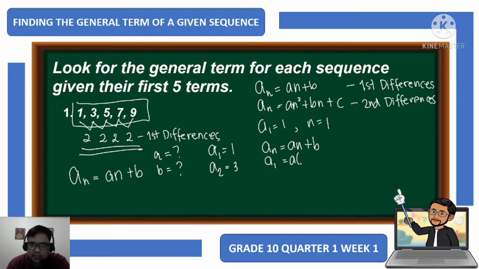So, a multiplied by 1 plus b, kasi si n sinubstitute as 1. And we know that a sub 1 is equal to 1. So, substitute din natin dito sa baba. So, a sub 1 would be equal to 1. That would be equal to 1 times a is a, then we have the remaining element plus b. So, therefore, equation na to. So, ito yung first equation natin: a plus b is equal to 1.